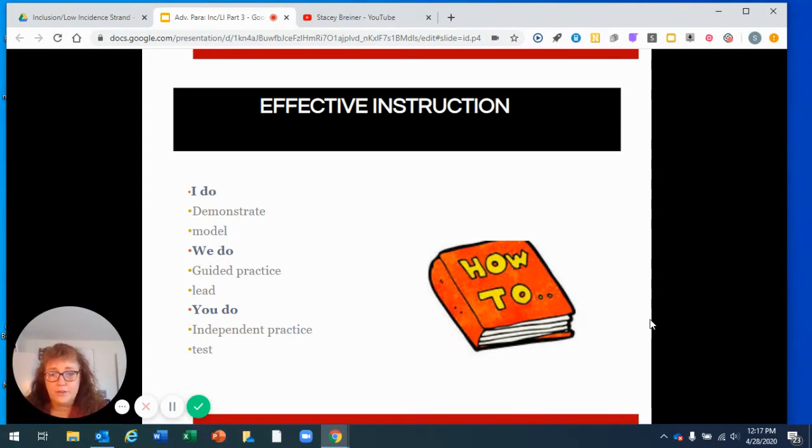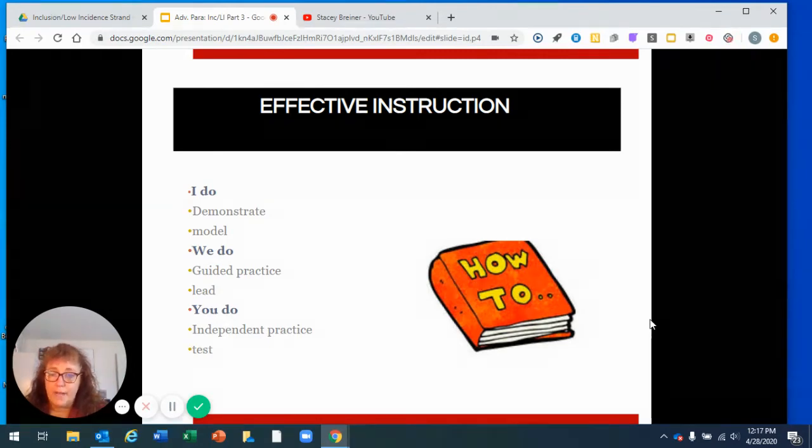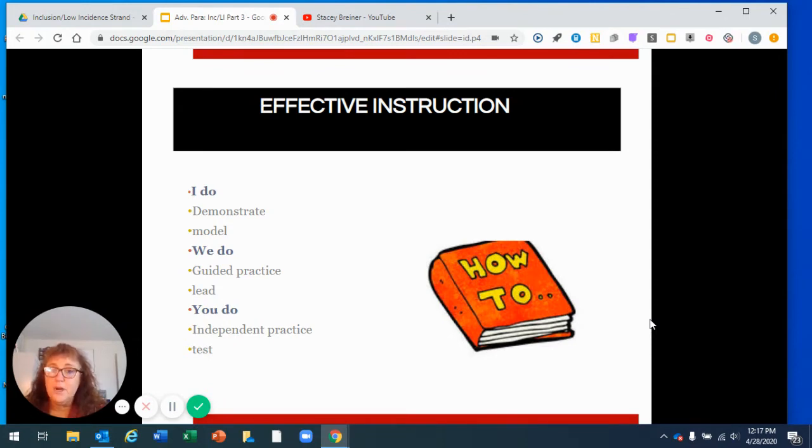If I find that during that independent practice or test they're still not getting the correct answer or they're doing the steps incorrectly, then we need to go back to a we do. And we might be doing the we do frequently. But we want to make sure we're giving our students ample experience to show their work and guiding them through the steps, so that they get the correct answer and are able to do the you do independently.